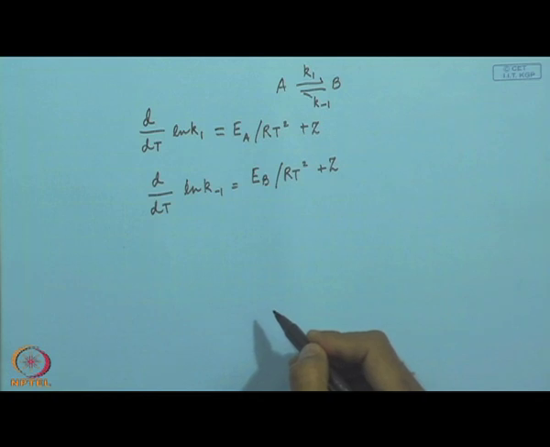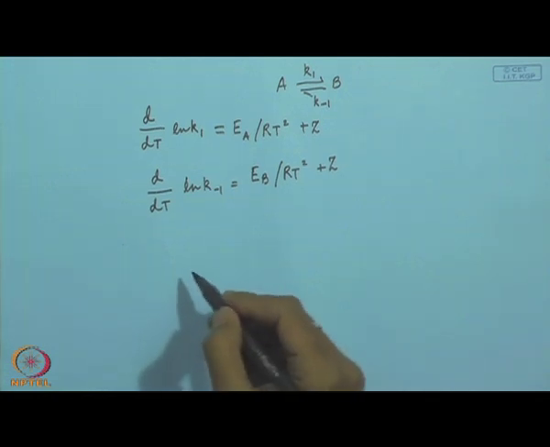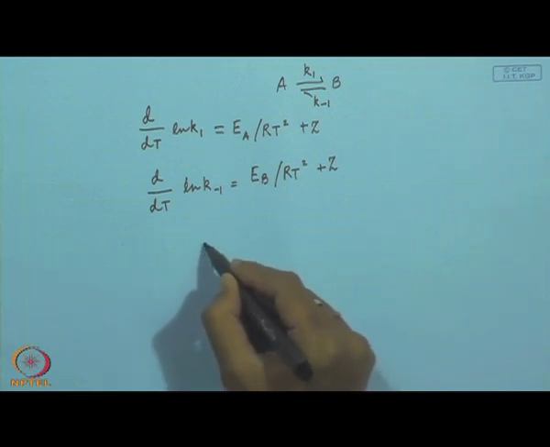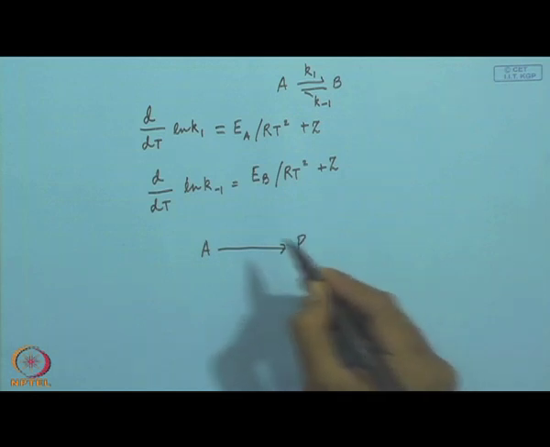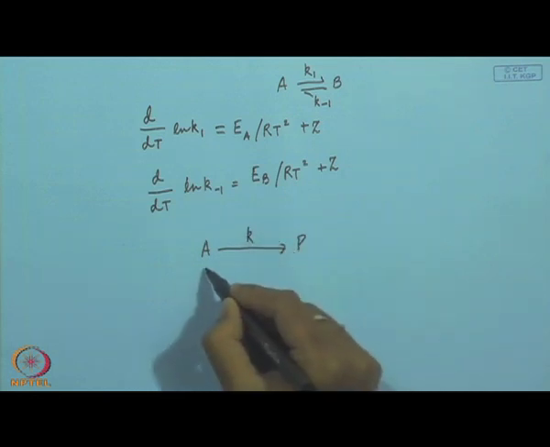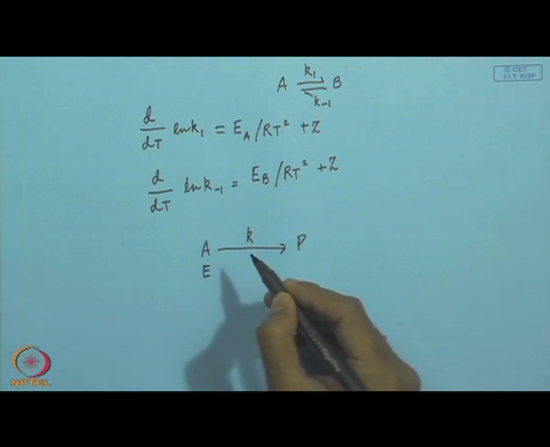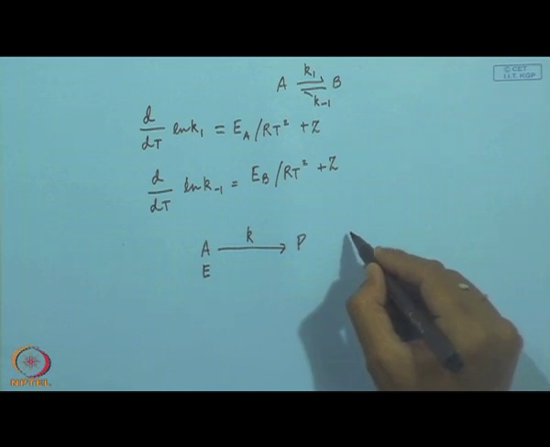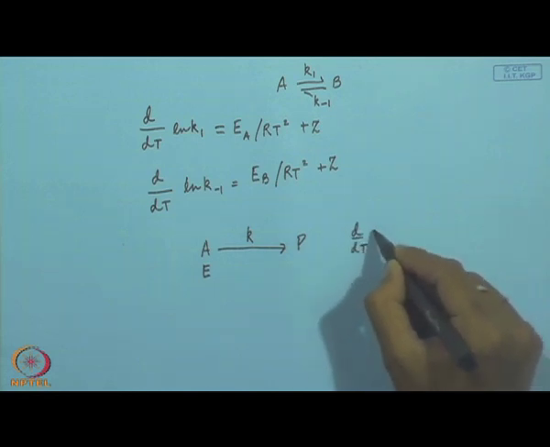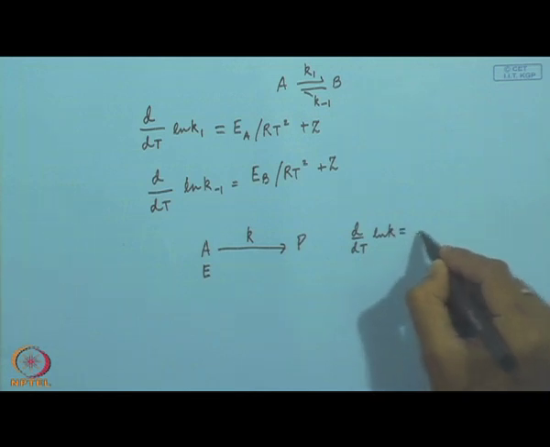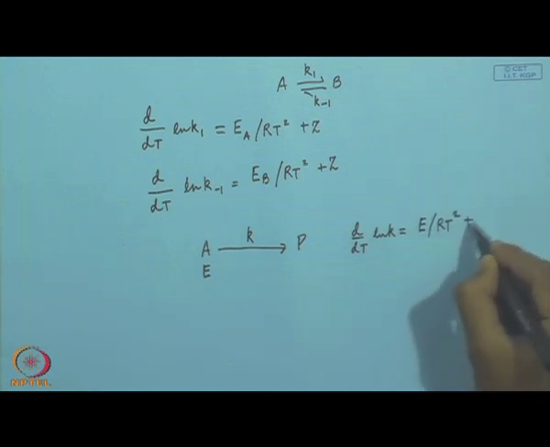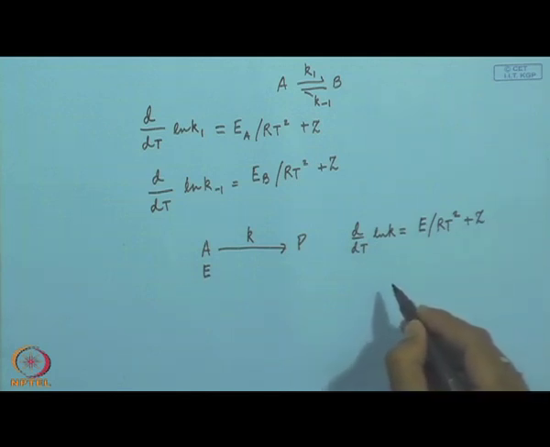So, for any general reaction, what do you get? Suppose we have a general reaction like A to product with a rate constant K with energy E, then using this Arrhenius equation, d/dT of ln K is equal to E by RT square plus Z. So, this is in a general form.